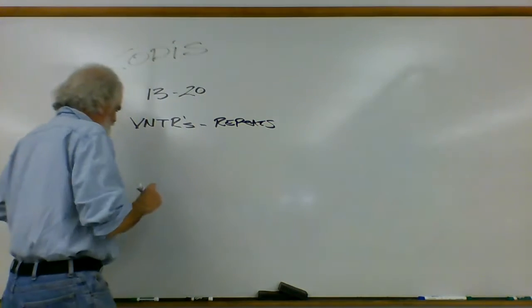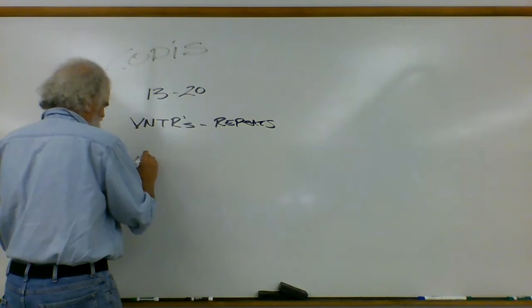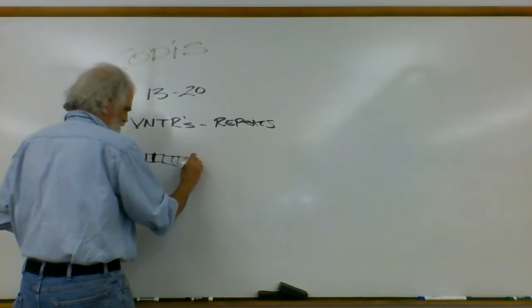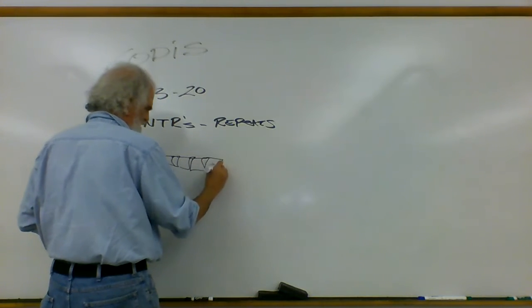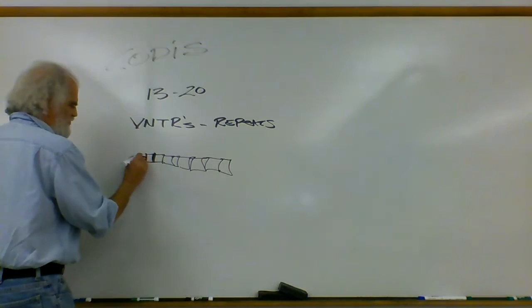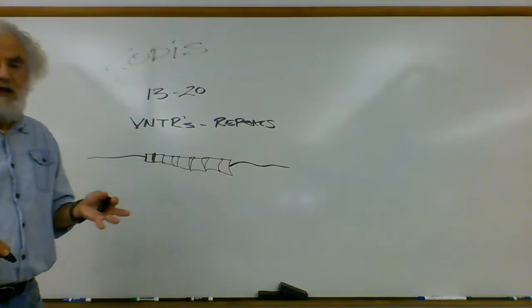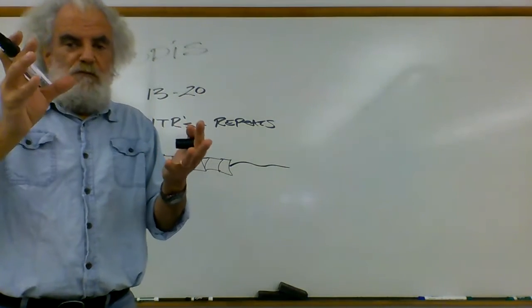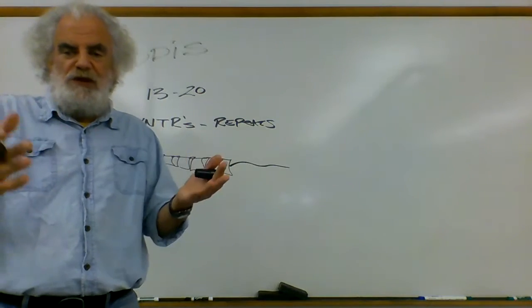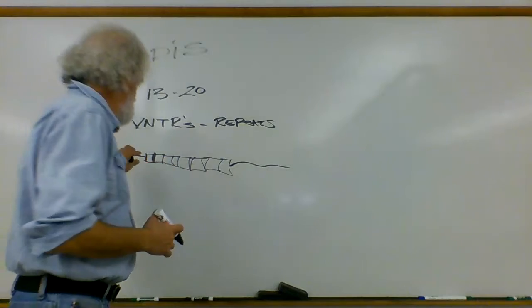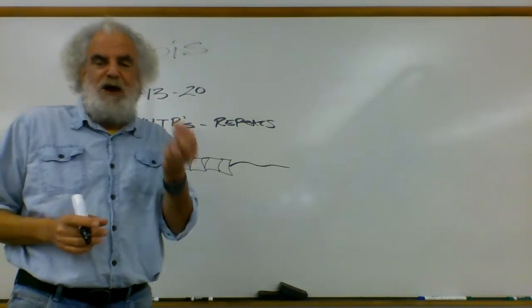And the reason this works is that you'll have a series of repeats within a spot. And this works because the flanking regions are not going to be changing within the population. They are essentially invariant.